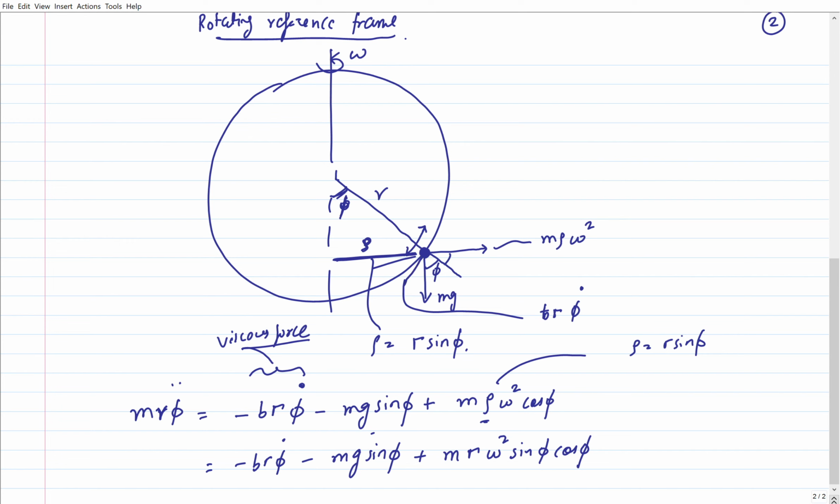This is how I got mg sine phi over here. This angle was 90 minus phi, and this angle is phi again. So that's how I got this component as m rho omega square cosine phi. And I plug the value of rho in, and I get this equation. So this is the equation.